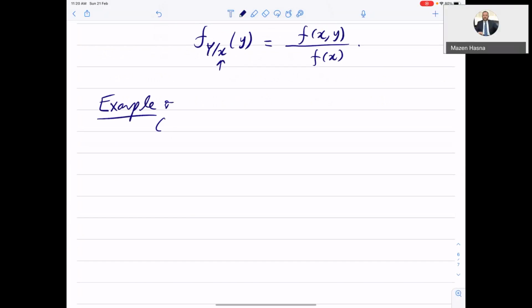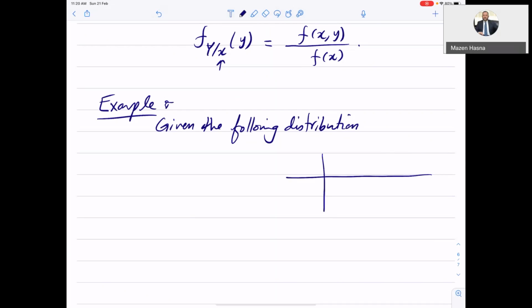Example. Given the following distribution, x, y, f of x and y. So x can be 1, y is 1, and this has 1/4.